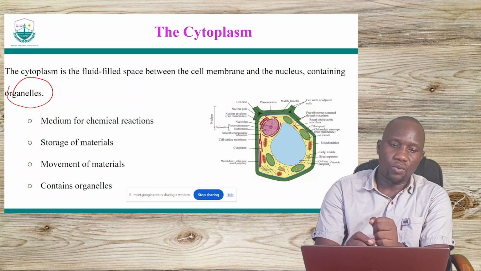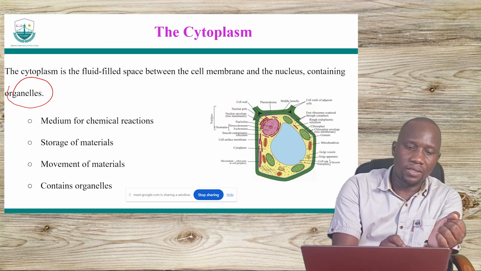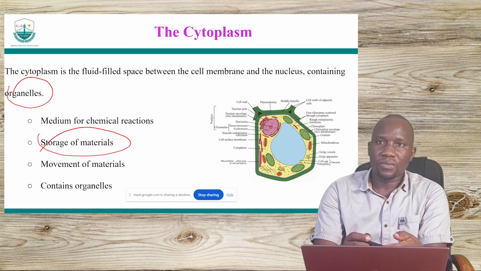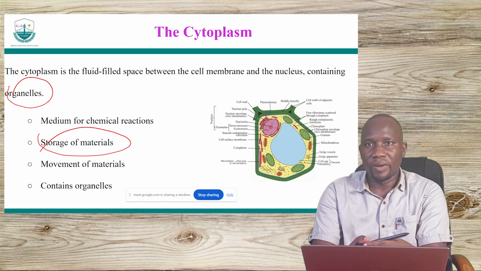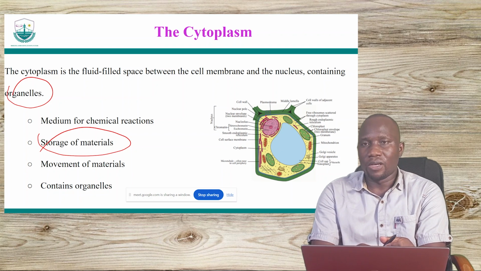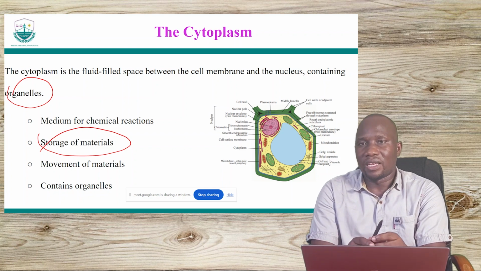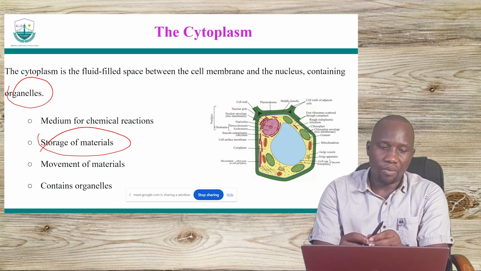Okay, what we are referring to as materials here. Okay, and then chemical reactions actually do take place within the cytoplasm. Issues to do with respiration, some of the reactions actually happen within the cytoplasm before they happen in the mitochondria, for example.